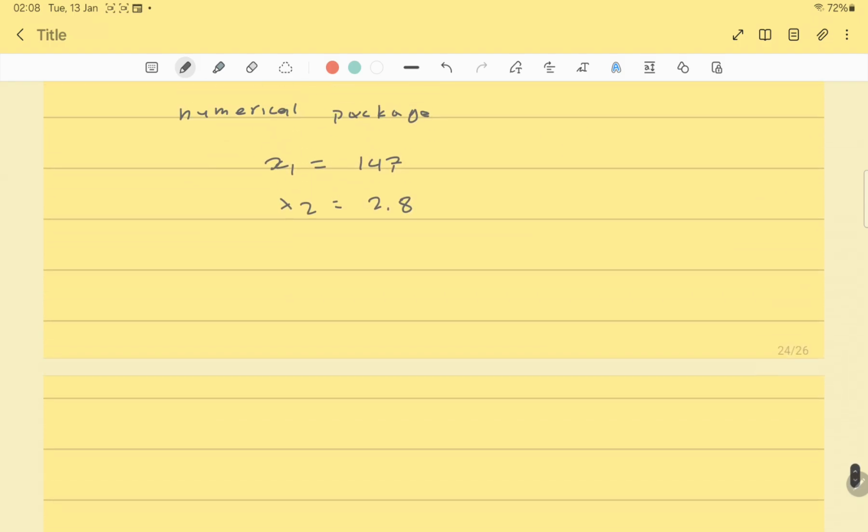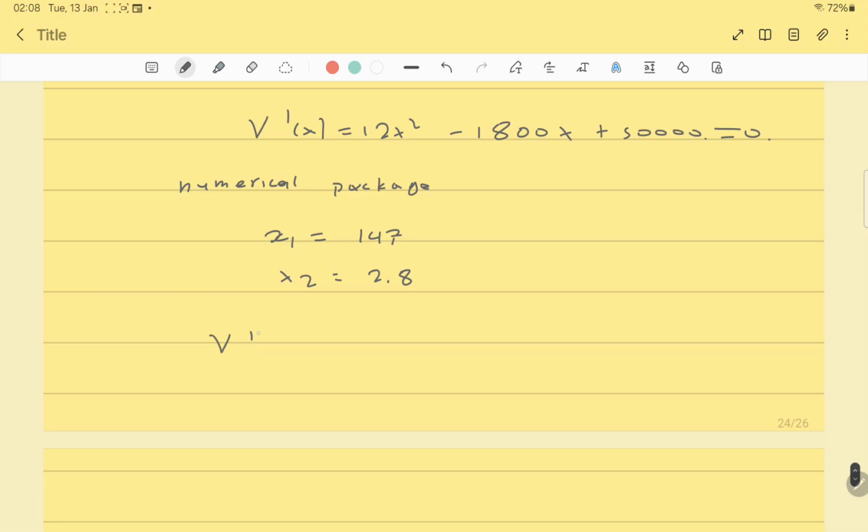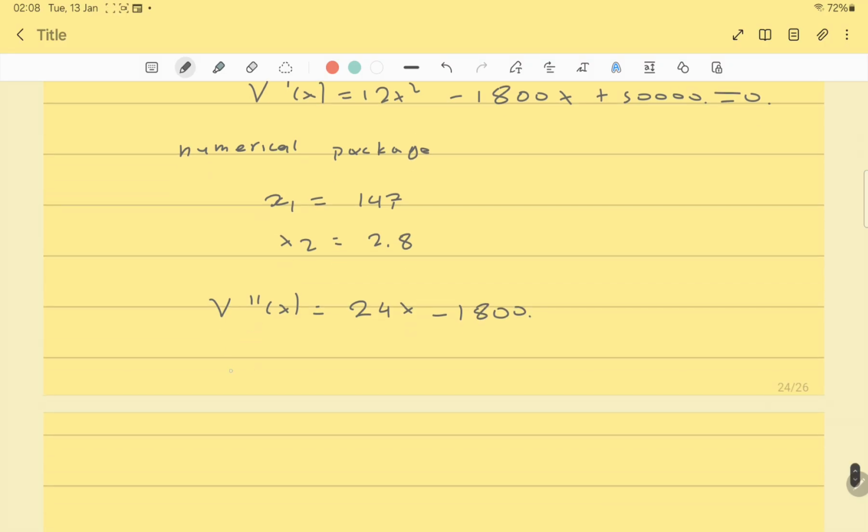Then you can use the second derivative test. So the second derivative of this function is going to be 24x minus 1,800, and then you evaluate for this x1 and x2.